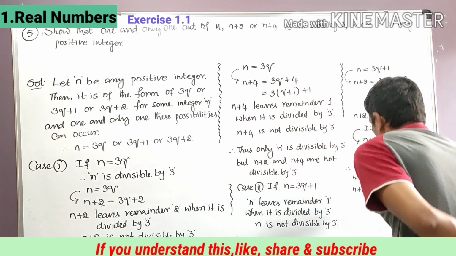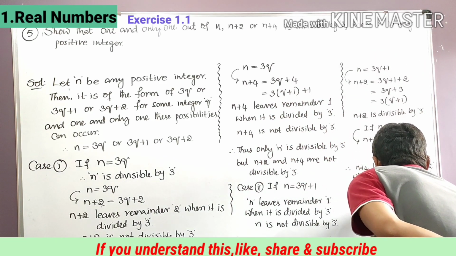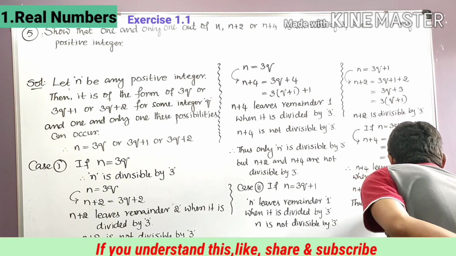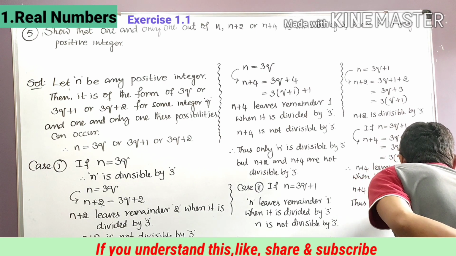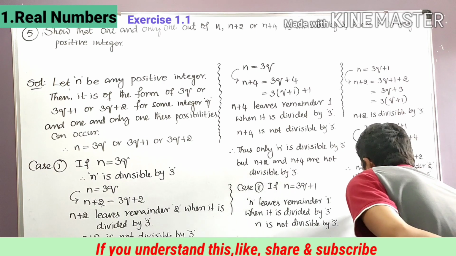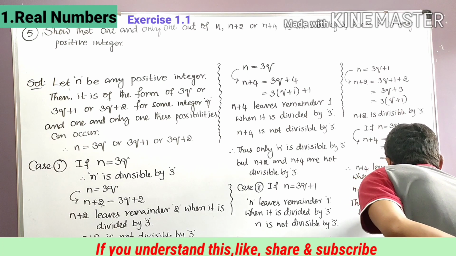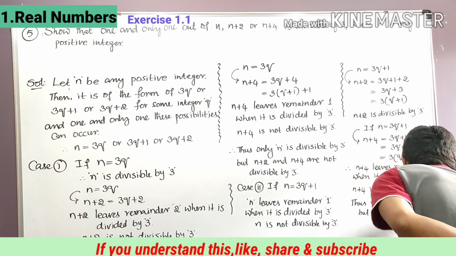So thus we can write n plus 2 is divisible by 3 but not n and n plus 4.